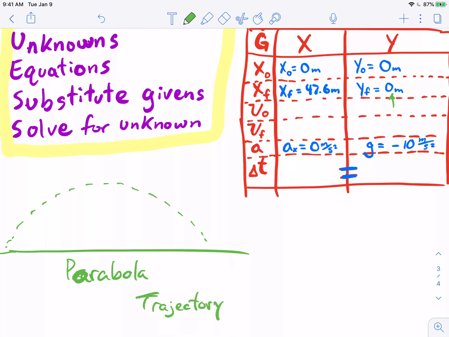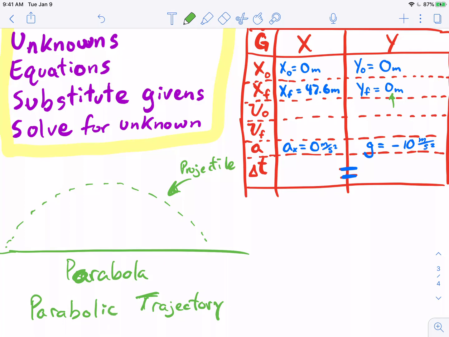Every projectile gets a trajectory, even if it's just like you dropped it and it falls straight down. The trajectory is the path of the parabola. And most people usually draw these with dotted lines. It's not a solid thing. And because the shape of a projectile is always going to trace out a parabola, we call this one a parabolic trajectory.